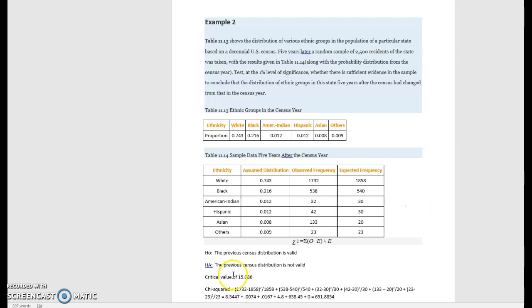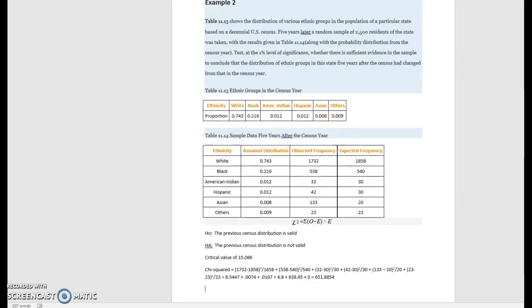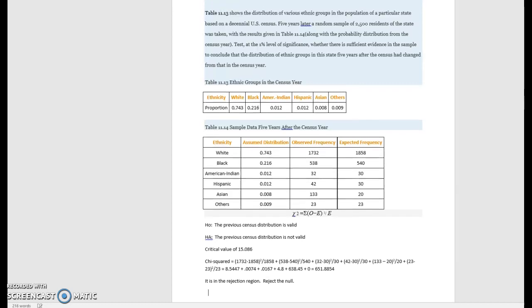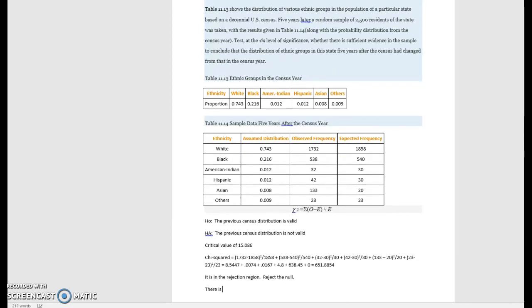All right, now let's notice that 651.8854 is certainly to the right of the critical value 15.086, which means it's in the rejection region. So it is in the rejection region. We will reject the null. All right, so there is significant evidence at alpha equal 0.01 to reject the null hypothesis.